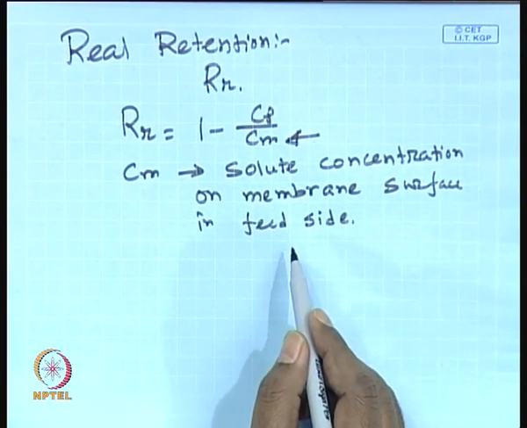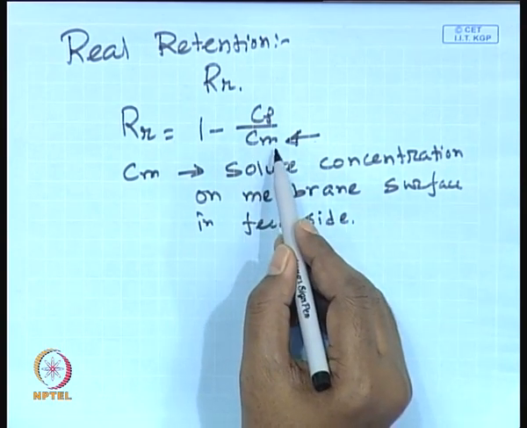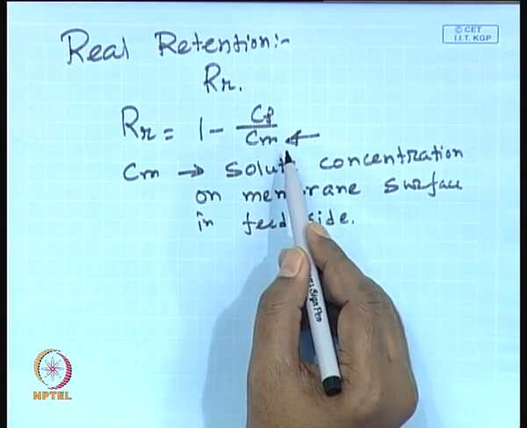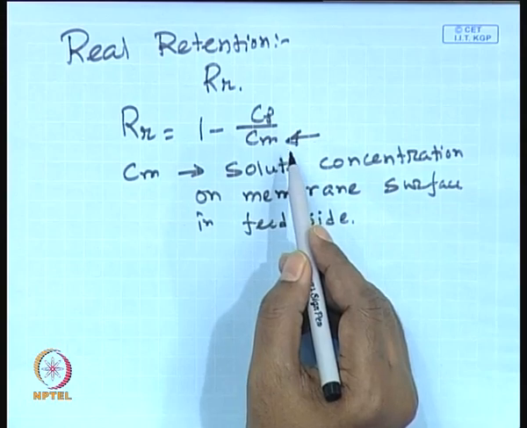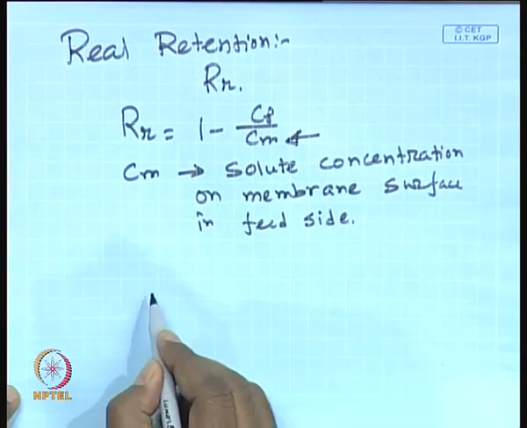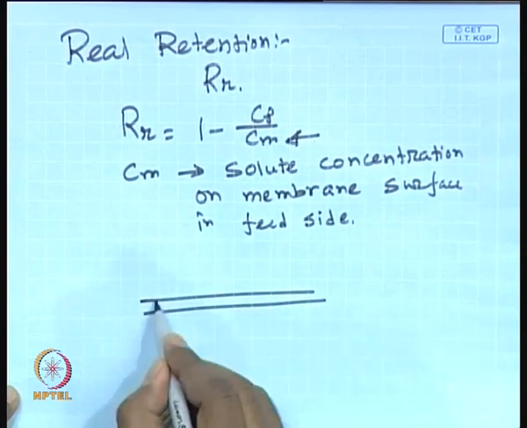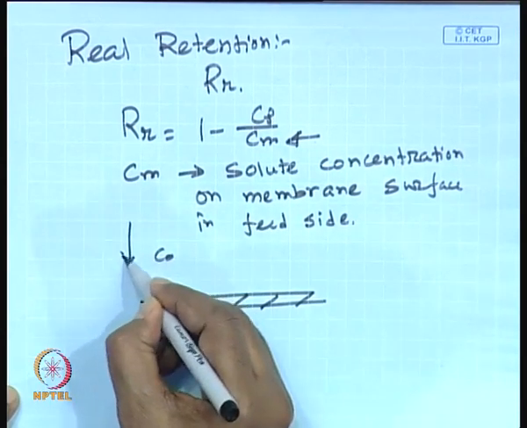What you can do is, there are theories so that you can have an estimate, or you can theoretically calculate the membrane surface concentration. In fact, membrane surface concentration will always be higher than the feed concentration. Why? Because it is a pressure driven process. Suppose this is the membrane and this is the feed concentration. You are pressurizing the system.